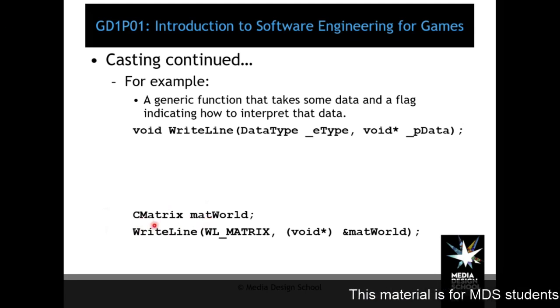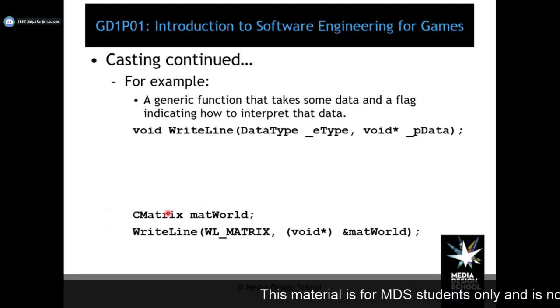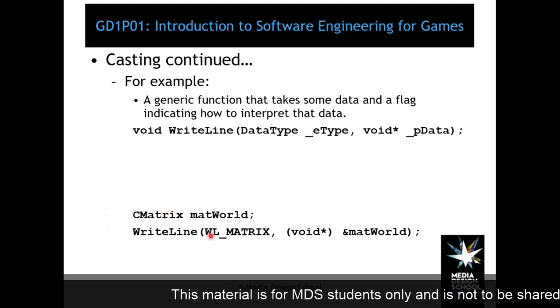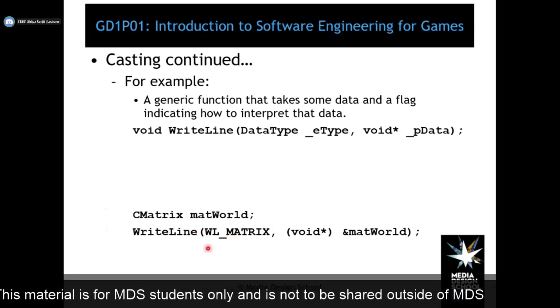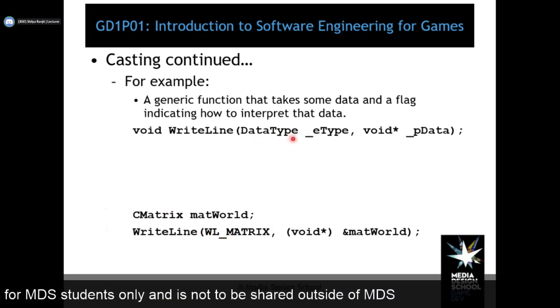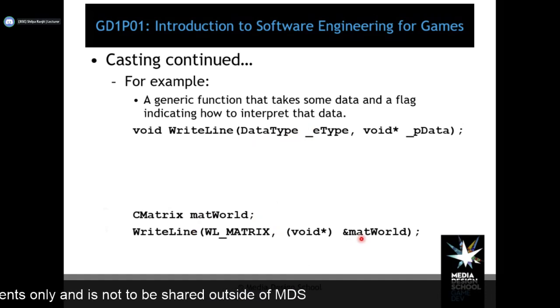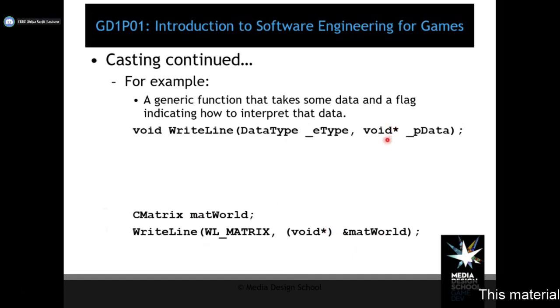The type of mat world over here is C matrix. So the data type that I'm passing is WL underscore matrix, which is a defined data type in the enum. And when I pass the address of this mat world, as usual, I need to typecast it to void asterisk because that is the expected type.